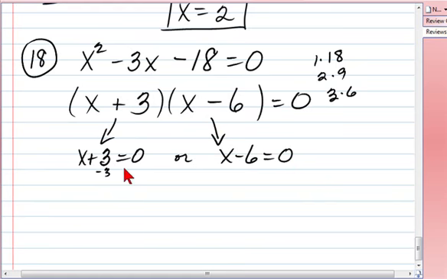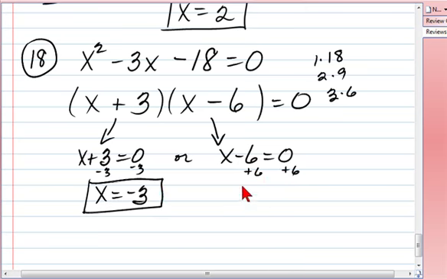I will subtract 3 from both sides and get x is -3. I'll add 6 to both sides and get x is 6. We're down to 2 word problems.